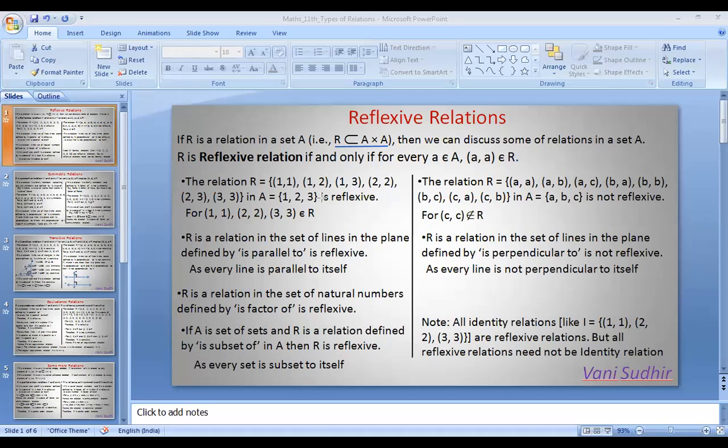In such a relation, you have (1,1), (2,2) and (3,3). 1 is related to 1, 2 is related to 2, and 3 is related to 3. All these ordered pairs are there in the relation. Then R is reflexive.